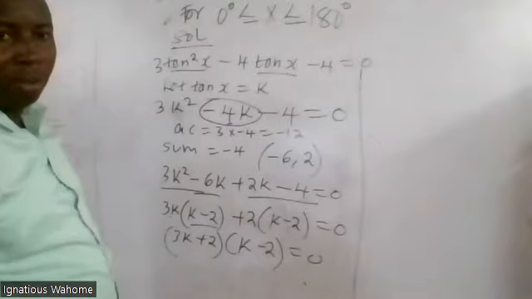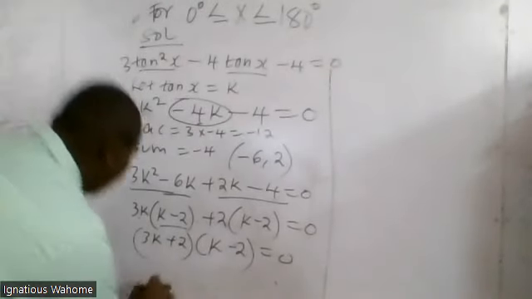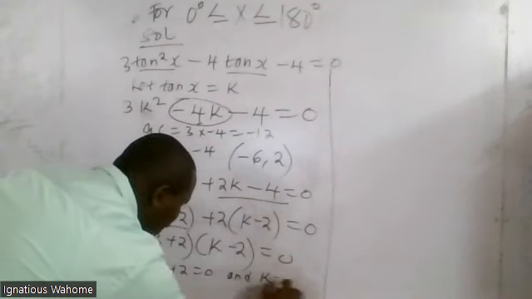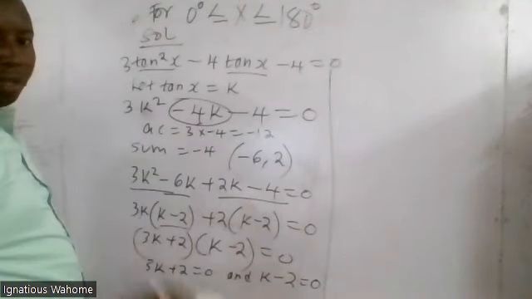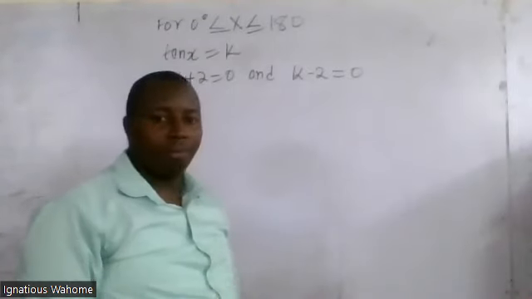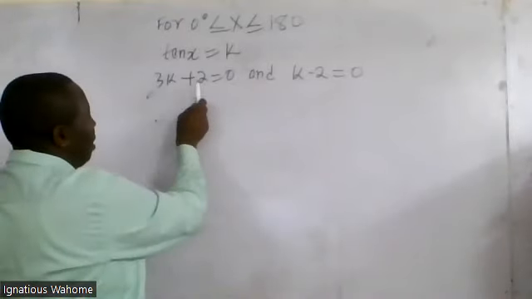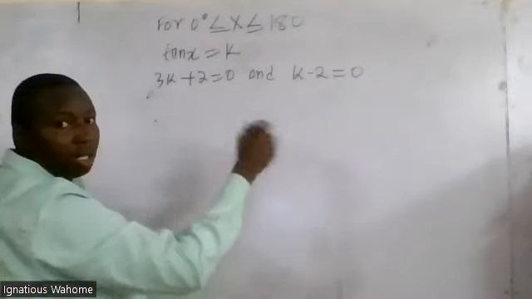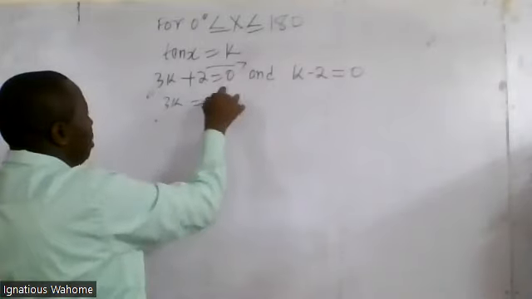Then you can equate them to 0. So take 3k plus 2 equals 0, and k minus 2 equals 0, and solve the values of k. For 3k plus 2 equals 0, take the 2 to the other side, so 3k equals minus 2.